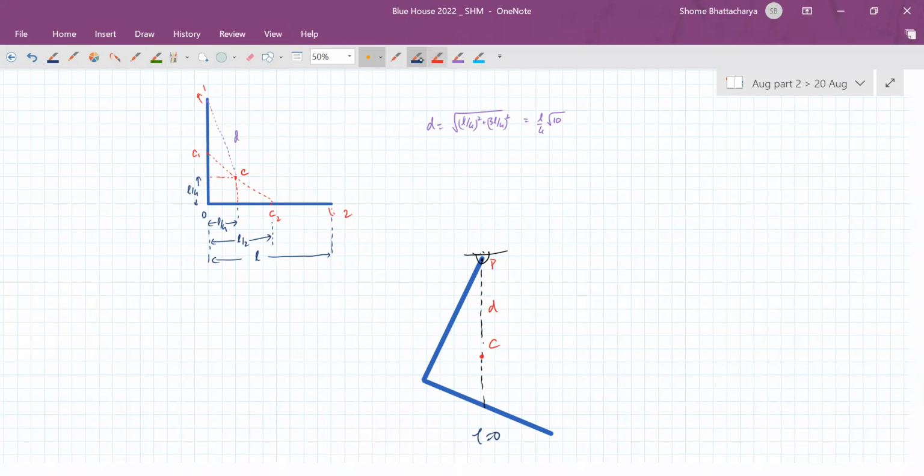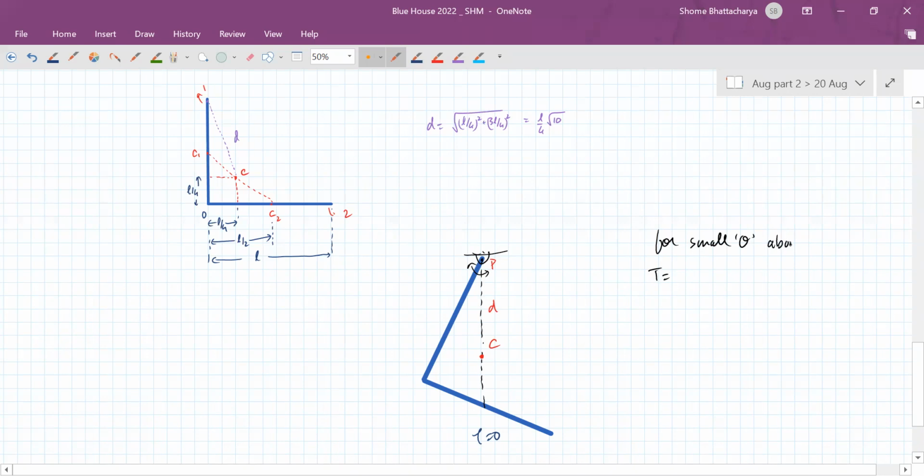So we don't need to again do the whole diagram and the dynamical equation. We just need to understand the time period for small oscillation, for small theta about the equilibrium position. This is the equilibrium position.